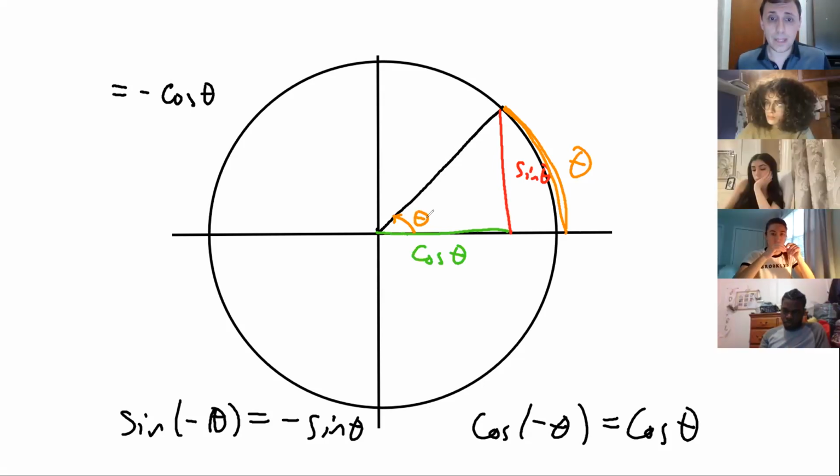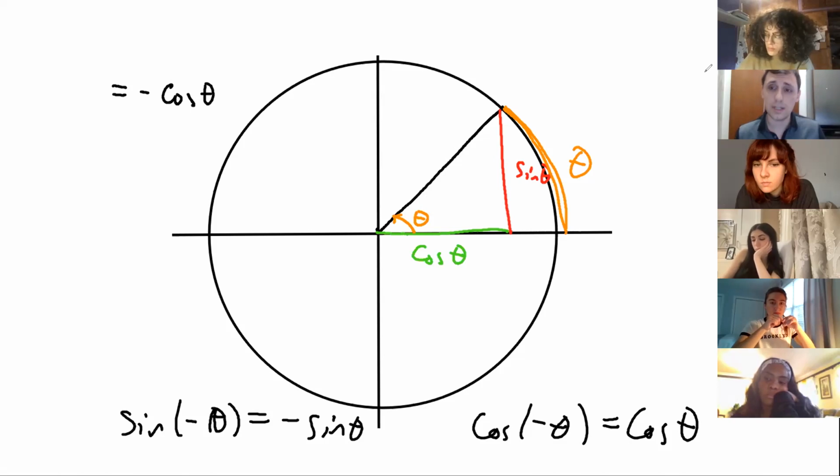So the angle theta, I want you to create an identity that will produce minus cosine of theta. It doesn't have to be in the first quadrant. It's accidental that it's in the first quadrant. I hope you understand. This is just an illustration, like crutches to help you figure the formula. You have to think in the abstract. And the illustration is only crutches to help you see that.